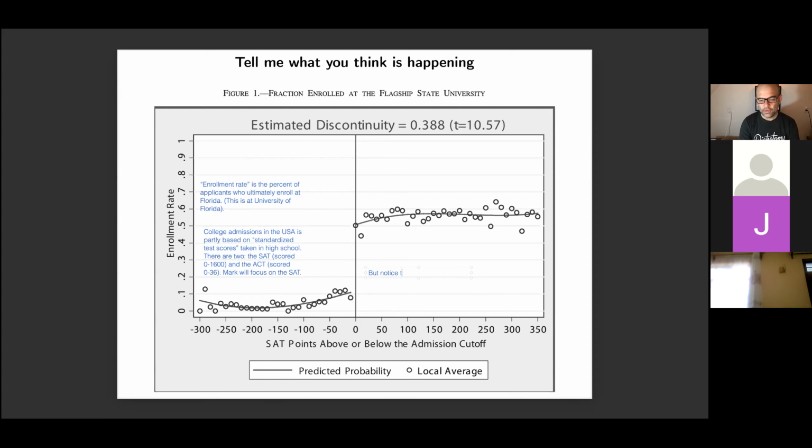Notice the score is ranging from negative 300 to 350. SAT scores are from 0 to 1600. So what do you think he's done here? Why is it negative?